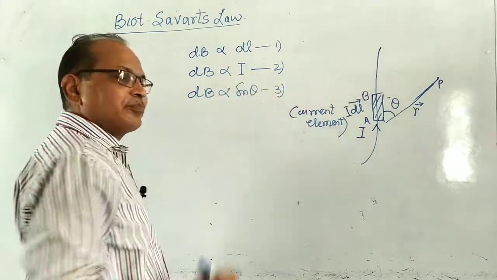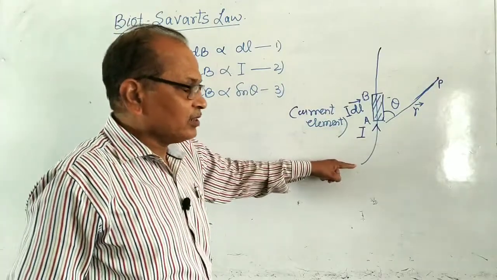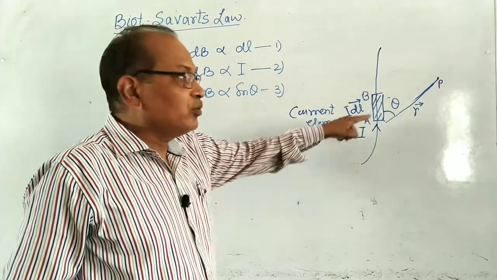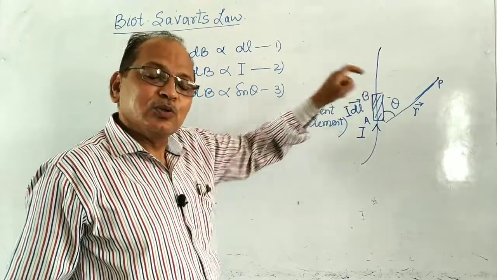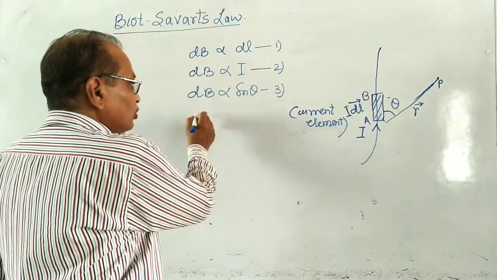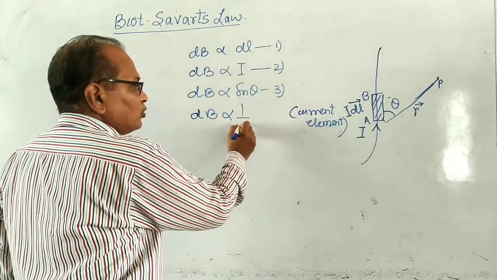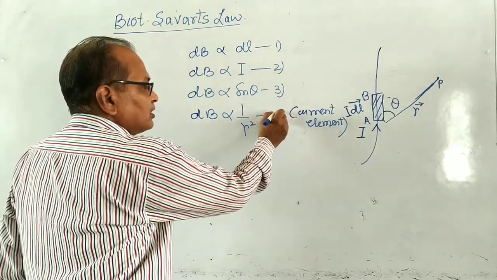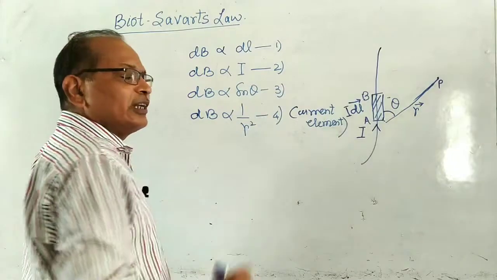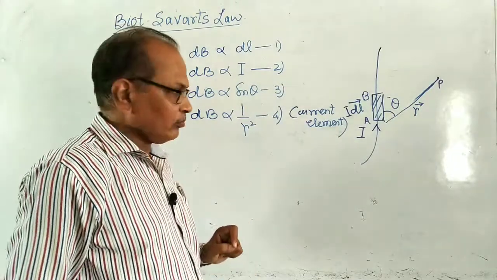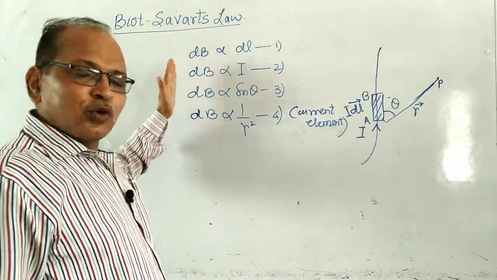If theta decreases, the magnetic field at the point P also decreases. And fourth, dB is inversely proportional to the square of the distance from the small element to the point P. These are the four conditions.